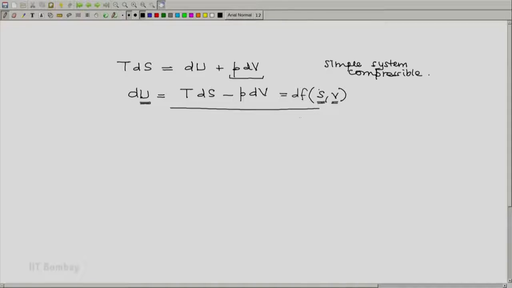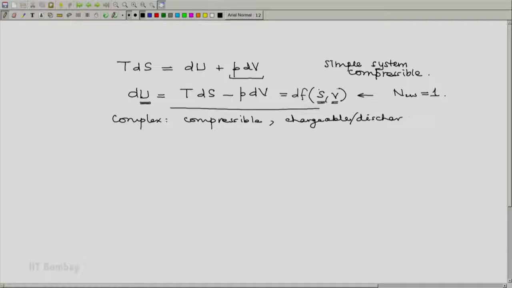Consider an extension. Now here we have an illustration of two variables on the right hand side and the number of two-way work modes to be 1. Now consider a system which is complex, and let us say that not only is it compressible, but it is also electrically chargeable, dischargeable, something like a dielectric.